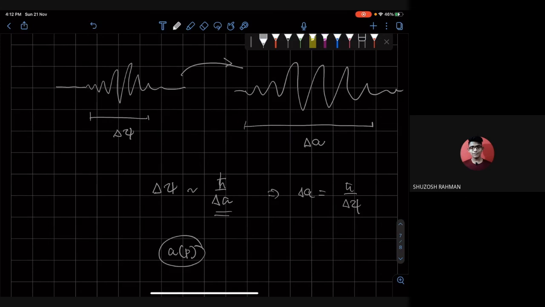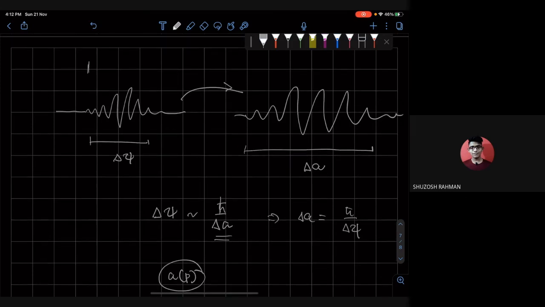So if I know the range of the wave function, I can say something about my expectation of the distribution of the momentum, which would be given by A(p).